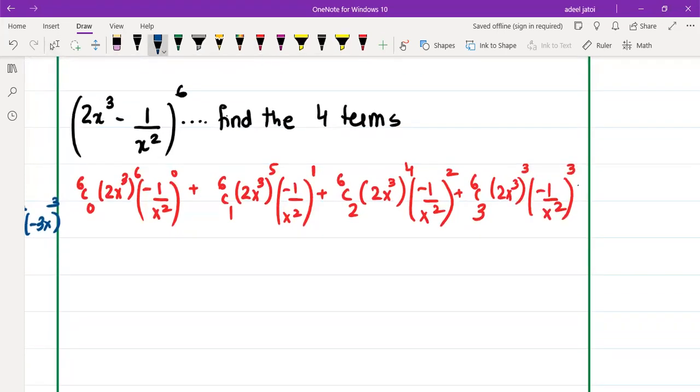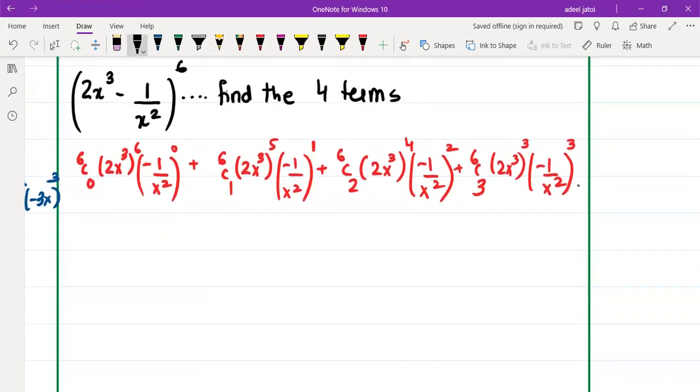Now, if we solve this down, we will understand that 3 into 6 is 18 and 2 to the power 6 is 64. So this would be 64x^18.